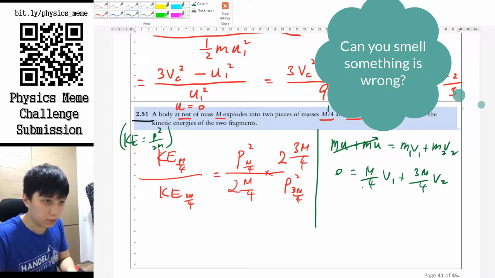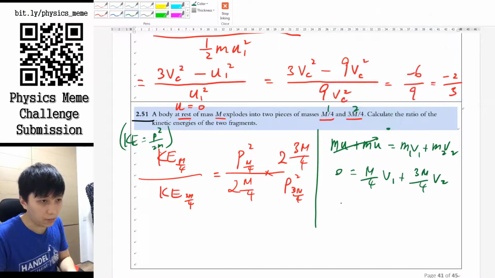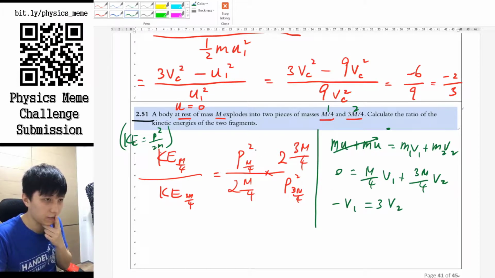If you rearrange the equation and also cancel out the m and also the 4, you have probably negative v1 equals 3 v2, alright, which corresponds to the two momenta here.